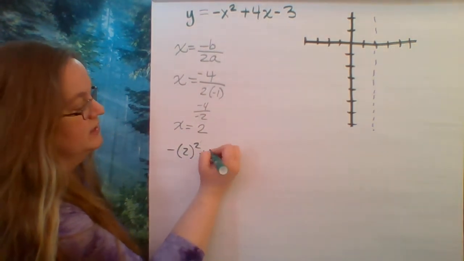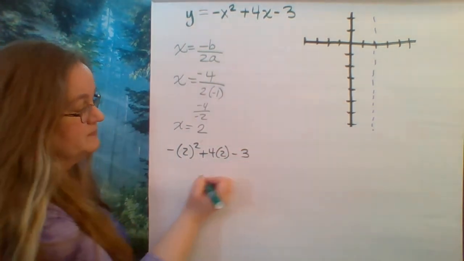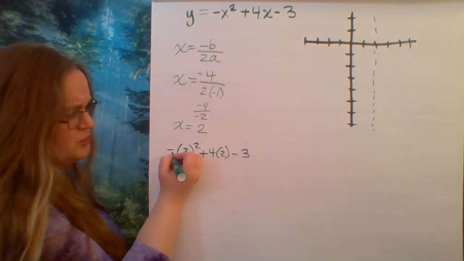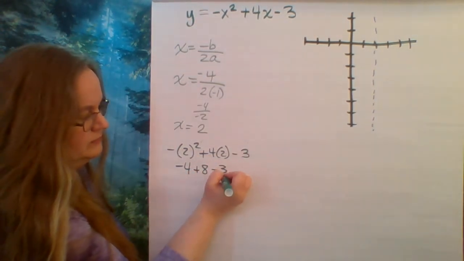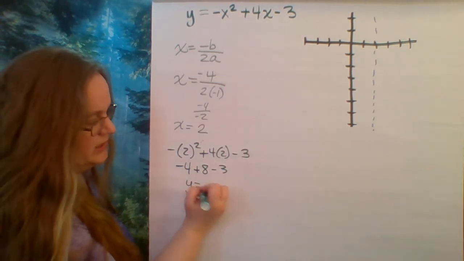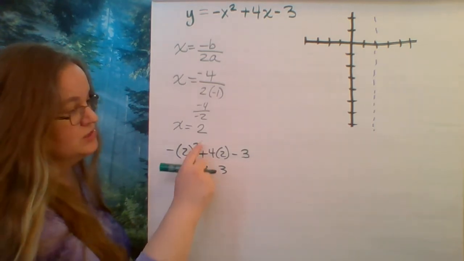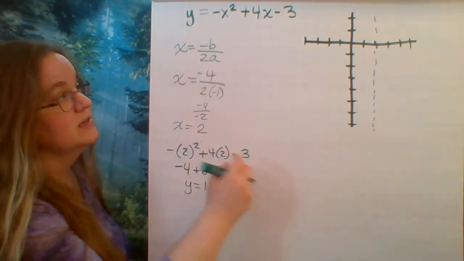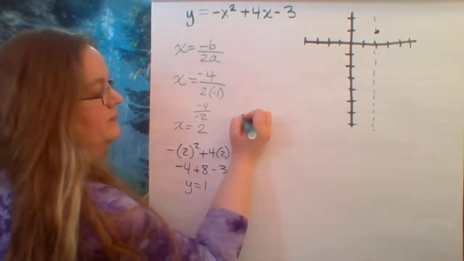Plus 4 times 2 minus 3. So this is 4 squared made negative. That's going to be 4 minus 3, so y equals 1. So when x is 2, y is going to be equal to 1. So this is my vertex right here.